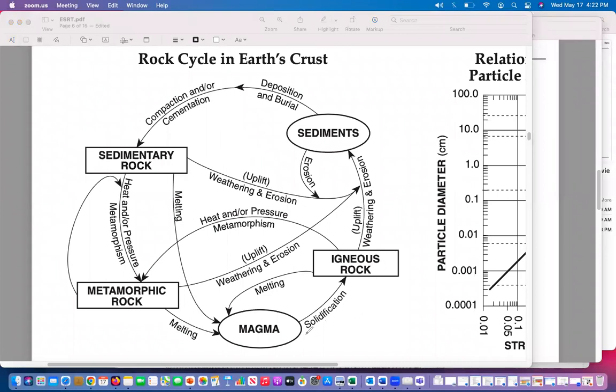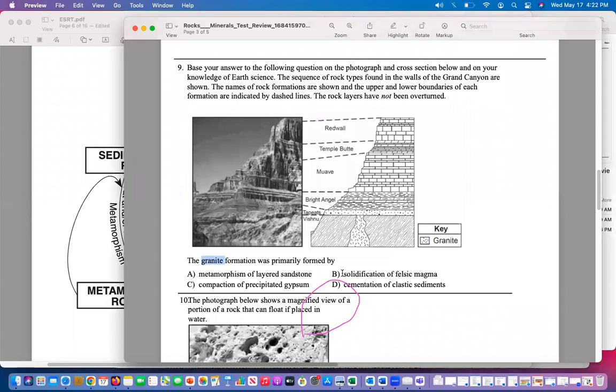And one of the main processes that I see is solidification. So that magma has to solidify to become an igneous rock. So solidification is definitely part of it, and I see solidification right here.